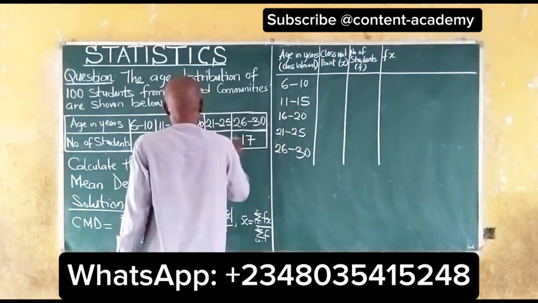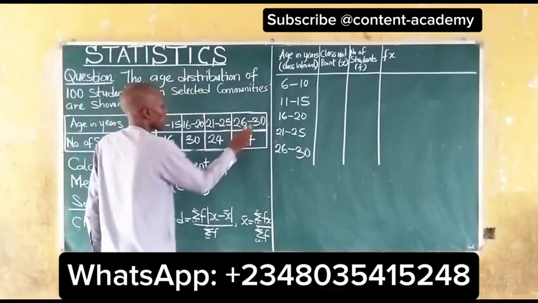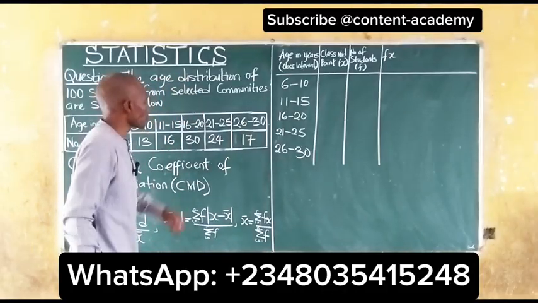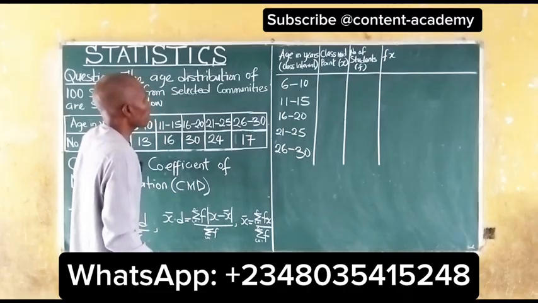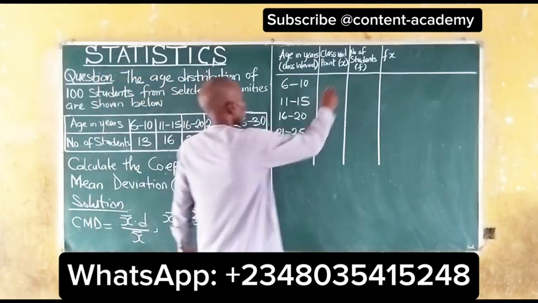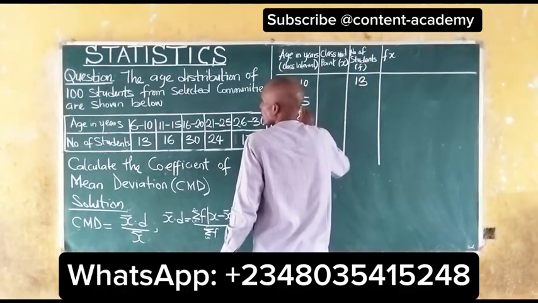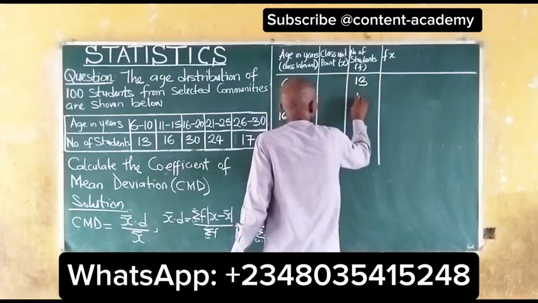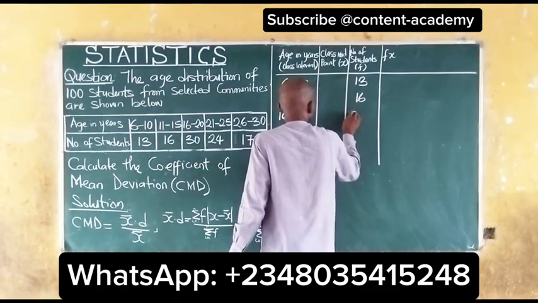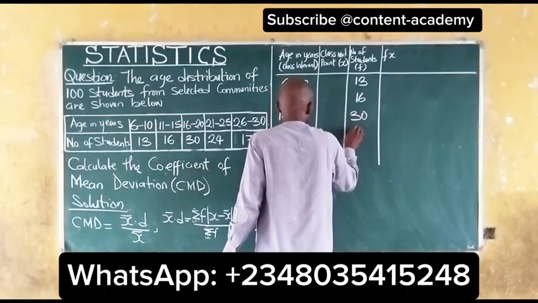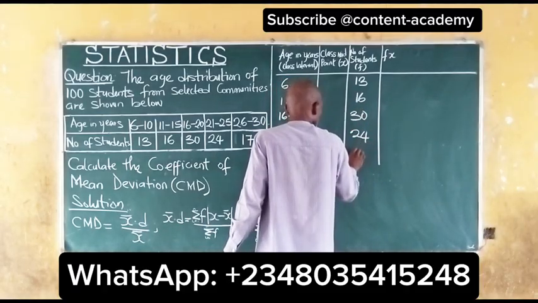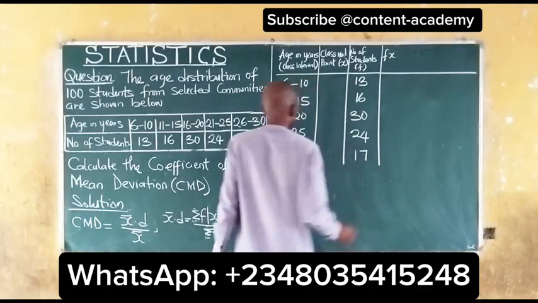So we have five classes. Now, we have our number of students: 13, 16, 30, 24, and 17. This is what we have.